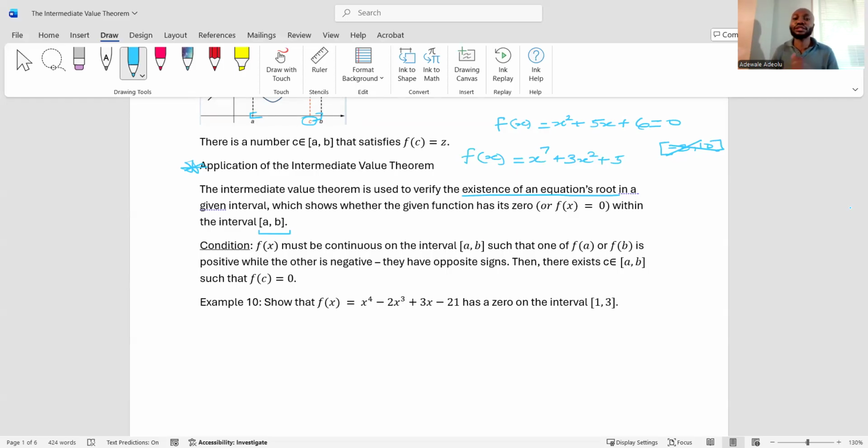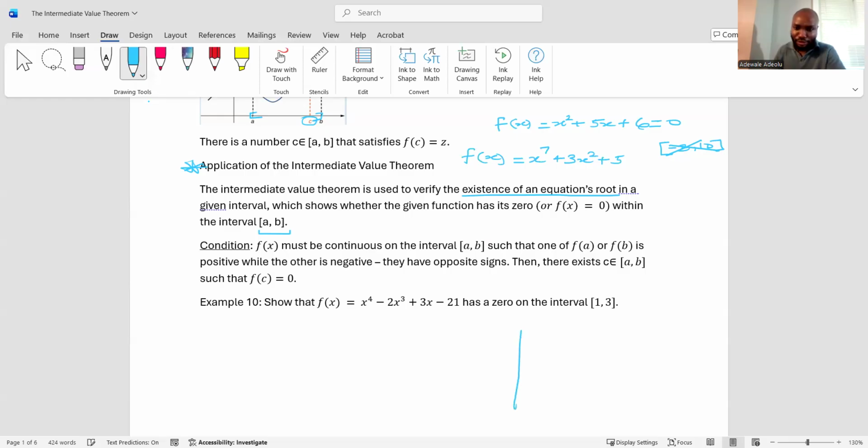So instead of going through the rigor of finding the zero, the intermediate value theorem will help us to know if there is even a zero on a particular interval. So that is one of the usefulness of the intermediate value theorem.